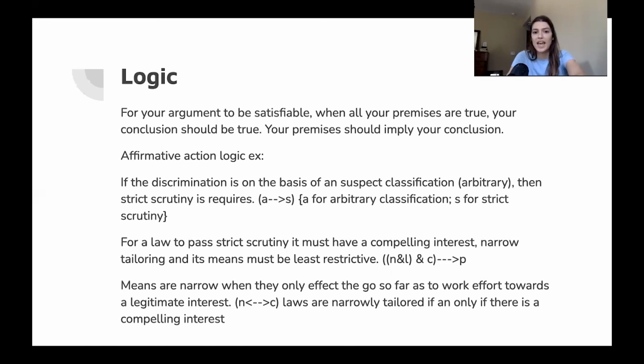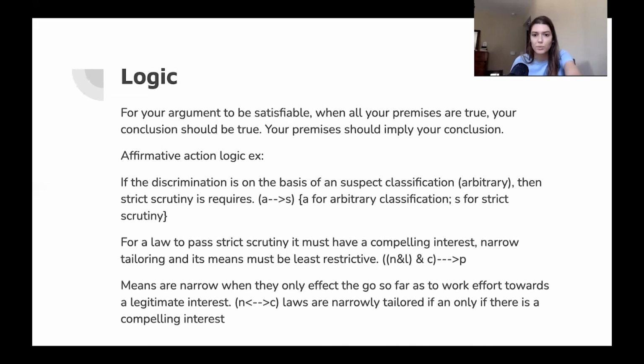So I have A for arbitrary as a conditional for strict scrutiny. There are a whole number of times that you can use strict scrutiny, but if you're dealing with an arbitrary classification, you're going to use strict scrutiny. For a law to pass strict scrutiny, there must be a compelling interest, it must be narrowly tailored, and its means must be least restrictive.